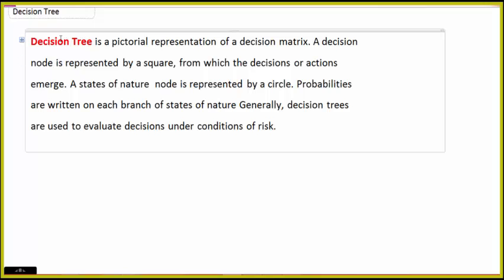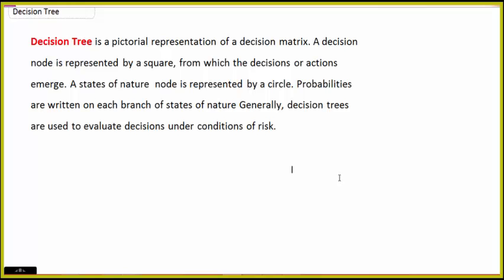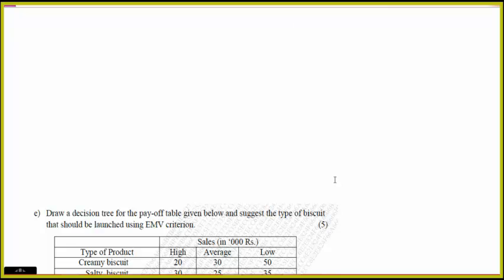A decision tree is actually a pictorial representation of a decision matrix, and when the probabilities are given, this method makes it very easy to take a decision using the EMV criteria. Now we can illustrate how to draw a decision tree for a given payoff matrix or decision problem.